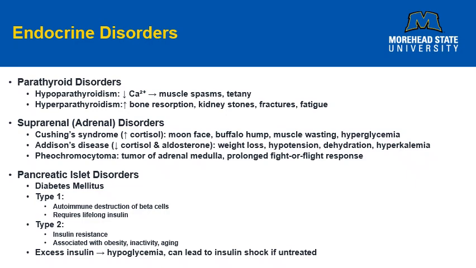And of course, pancreatic, I won't go into too much. It is the diabetes side of things. Type 1, you have autoimmune destruction of beta cells, so lifelong insulin is going to be needed. Type 2, your insulin resistance, so that's more inactivity, obesity. And of course, you can have too much insulin as well, so that's more of an insulin shock kind of thing.